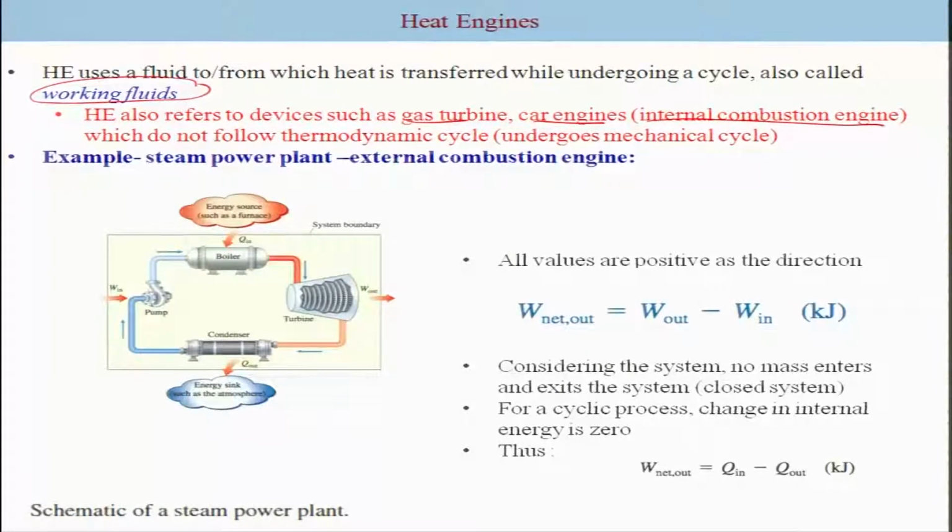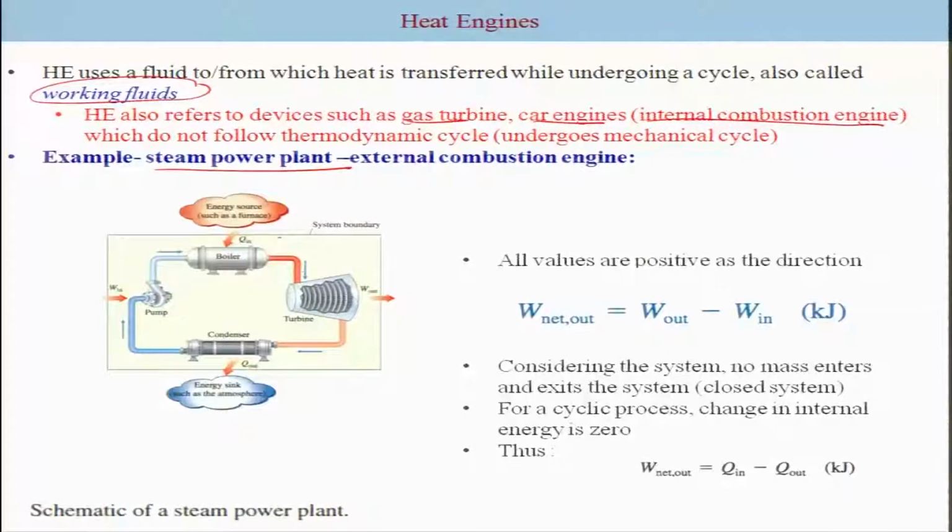Considering the heat engine here, as you can see, it consists of 4 basic units: the boiler, turbine, condenser and pump, and this is the direction. It goes in this way. It takes the heat, heats up the fluid, which in this case is water for the steam power plant, to a very high pressure, and it expands in the turbine to a low pressure.